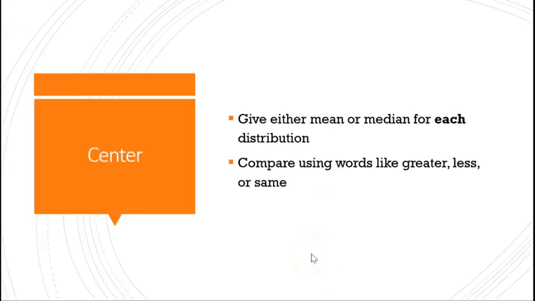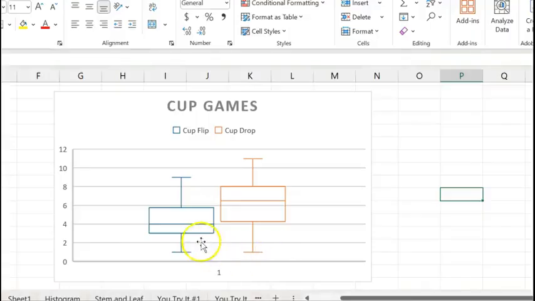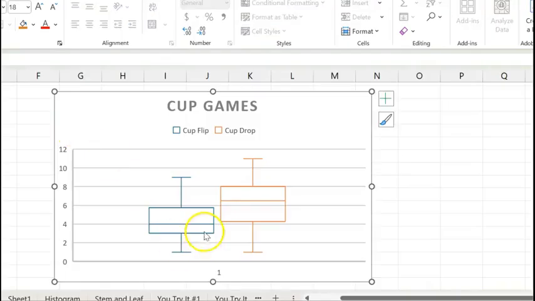Okay. Then we're going to describe the center, all right, for each distribution. Again, your options are mean or median, but if we're looking at a graph, it's most likely going to be median. So we're going to give the median and we're going to compare the two medians. All right, so the median for cup flip, if I click on the chart and then hover, the median for cup flip is 4 because the median is that line that goes through the middle.